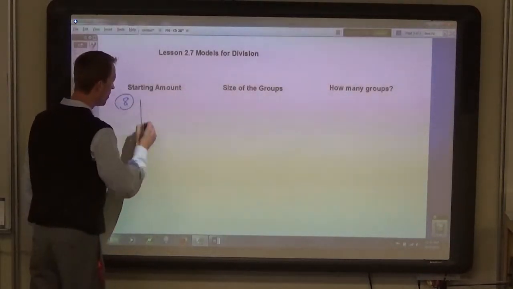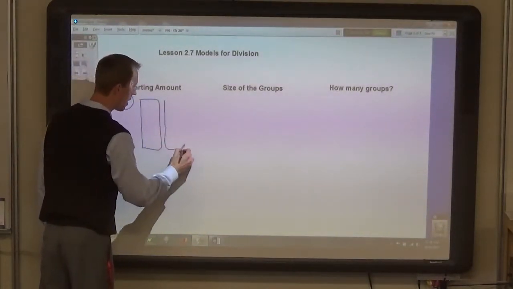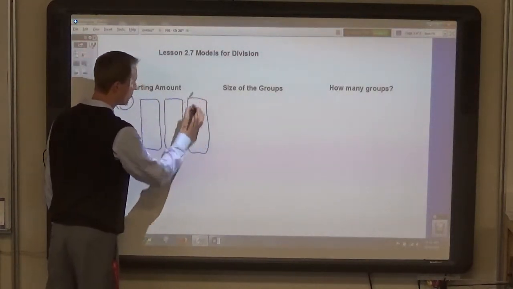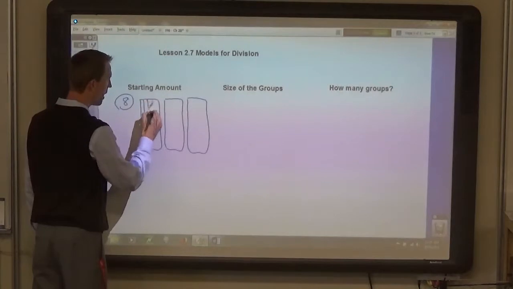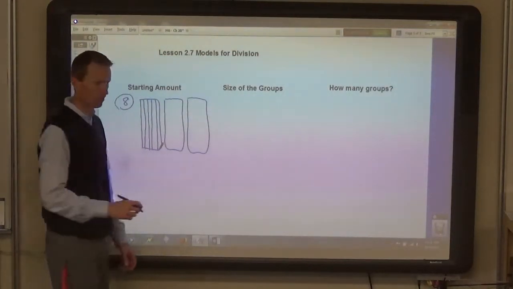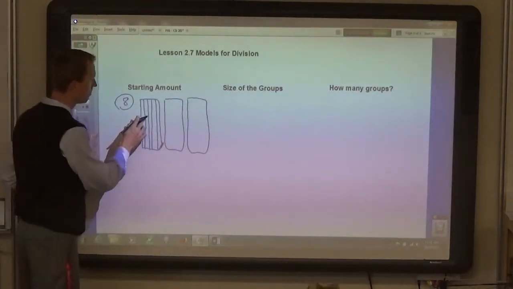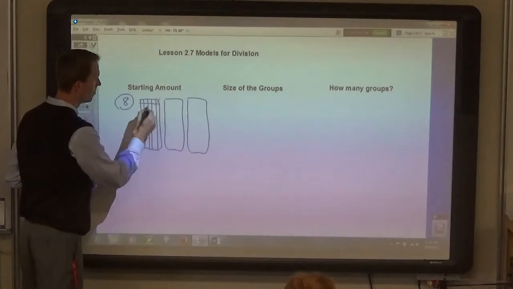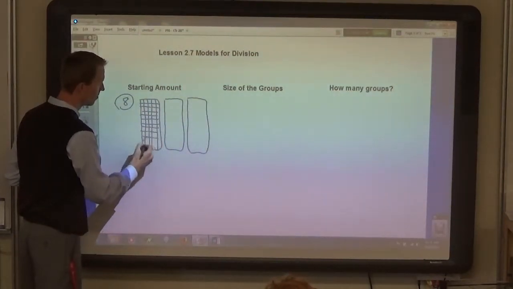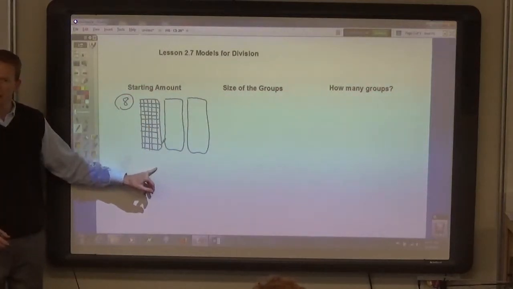There are 3 smaller groups, but how many blocks are in each of the small ones? How many blocks would be in this total?